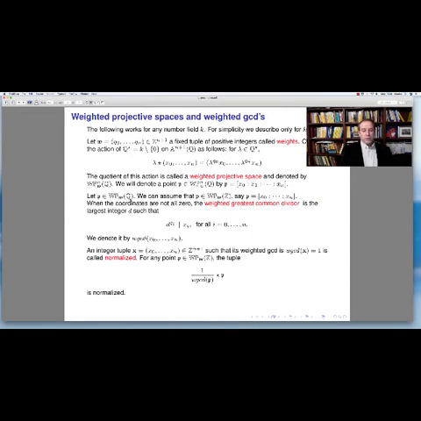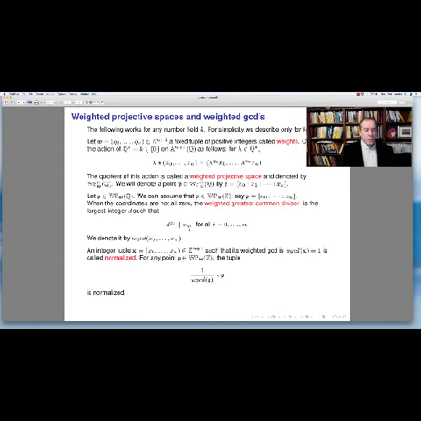So we assume this point has all integer coordinates. The weighted greatest common divisor of this tuple of integers is the largest integer d such that d raised to the weight qi divides the corresponding xi.